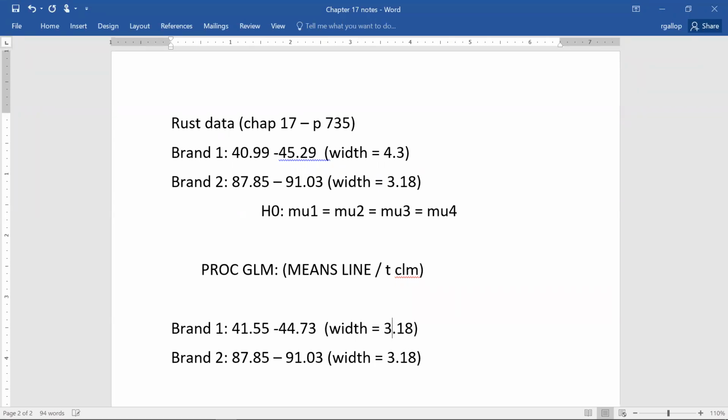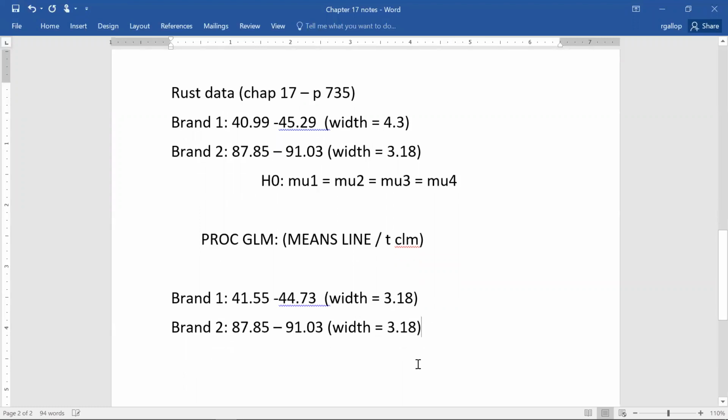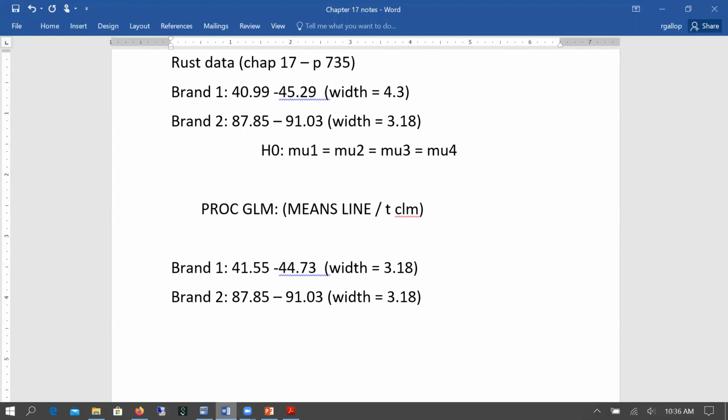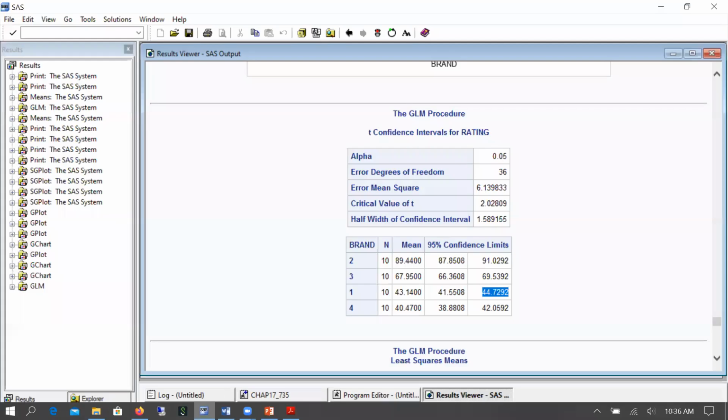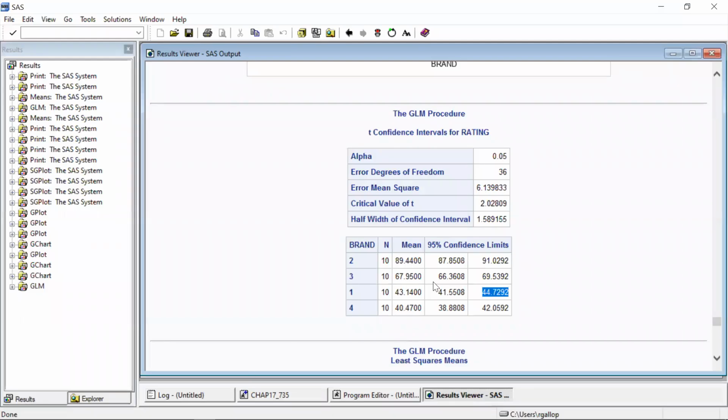That width is 3.18 as well. Then look at brand 3.